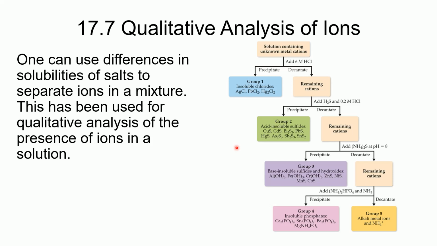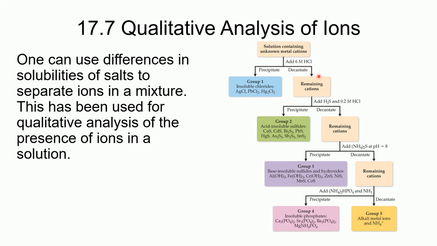In that one we've got silver ion, nickel, iron, and chromium. We can separate those out by looking at small differences in the solubility between certain categories of ions. Some ions will precipitate when we put them with chloride, and those include silver, lead, mercury, and copper 1 will do this as well.